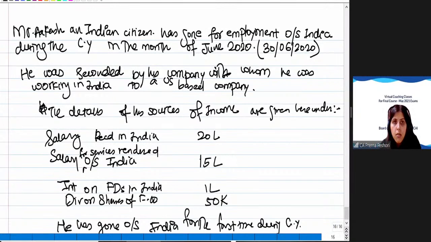Gomati, yes, I got it, but what is your answer? Is he a resident or non-resident according to you? You are saying it's resident.